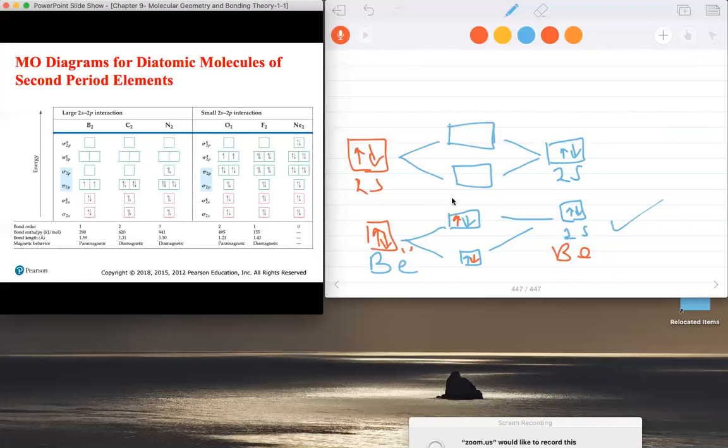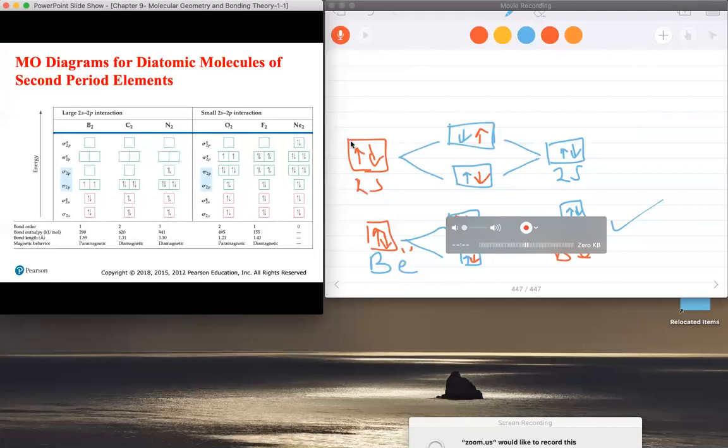The two electrons here, and like that. Now, you should have a different color. Let's say a different color here. So here and here.